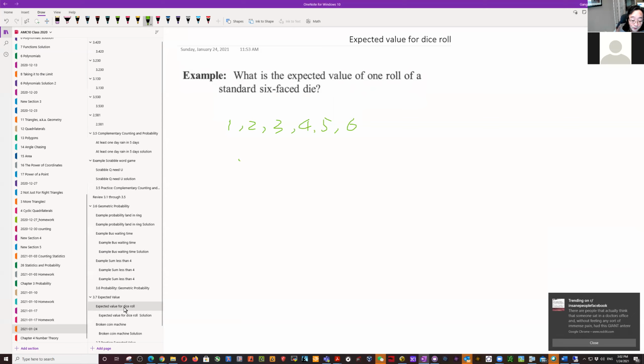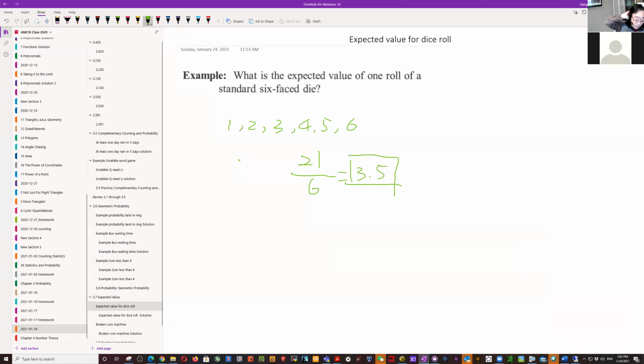If you add them up, you get 21 points. Then divide by 6, which is 3.5. So 3.5 is the expected value for one roll, because under the ideal situation, on average, if you do this experiment long enough, for example billions and trillions of times, your average point on a large number of experiments will be very close to this ideal 3.5. So that's the expected value.